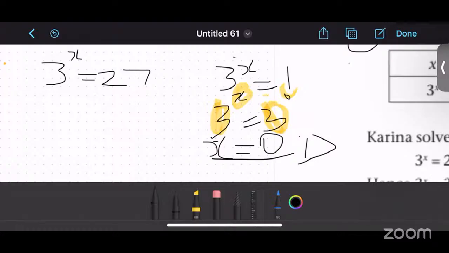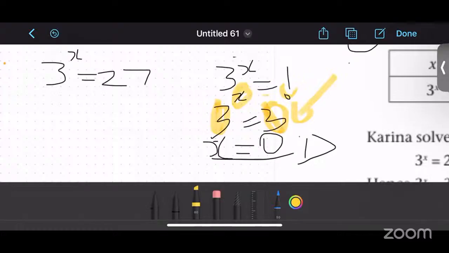We add, we minus the 3. What did we do here? Look at the one above.